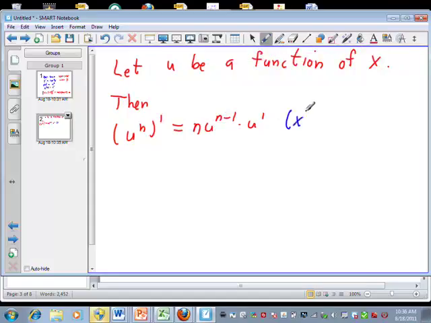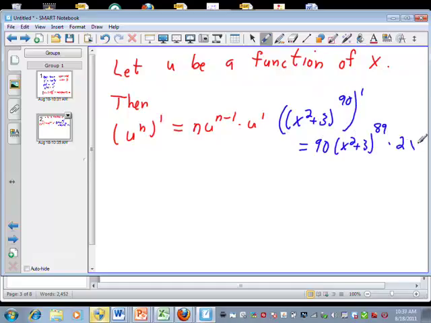The derivative of x squared plus 3 to the 90th is 90 times x squared plus 3 to the 89th times 2x. I'll take any questions on that. What rule am I using here? The chain rule, right? It's the power rule within the chain rule, that's right.